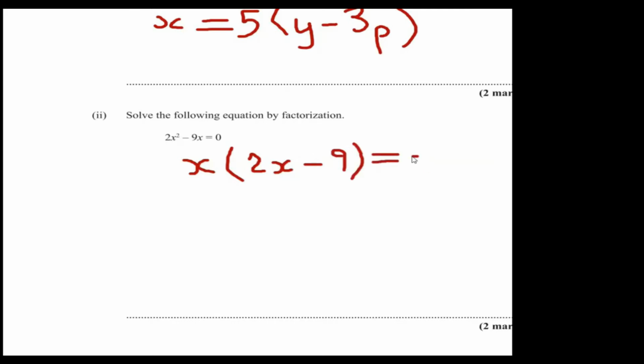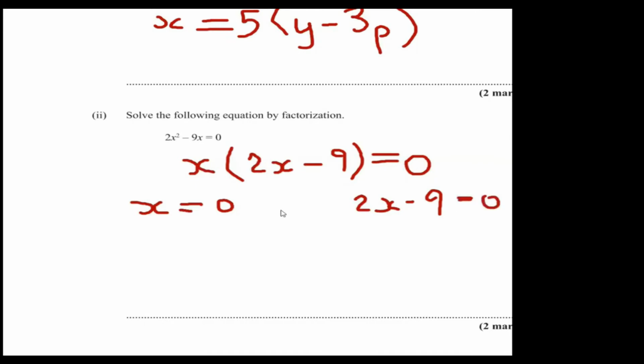Now if the product of these two factors is equal to 0, then either x equals 0, or 2x minus 9 equals 0. All right, and so what does that mean?